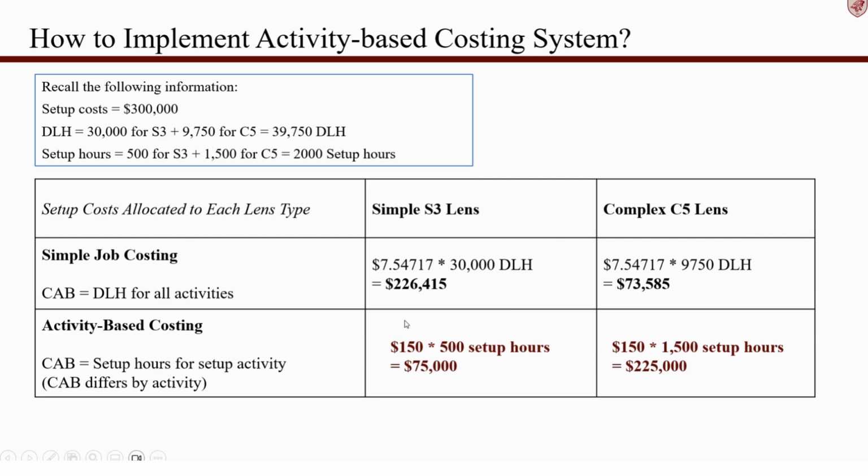So ABC allows both types of lenses to bear the accurate consumption of each resource, leading to more accurate costing and therefore more accurate pricing of different types of lenses, right?